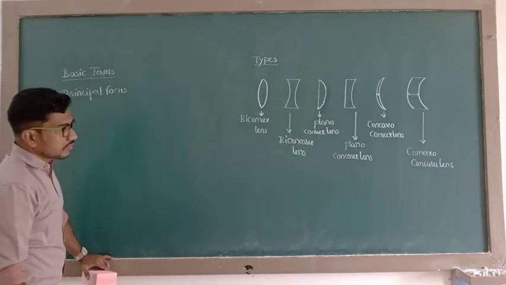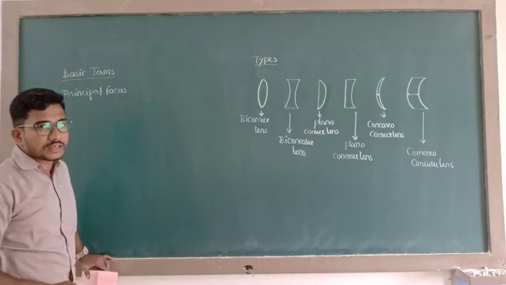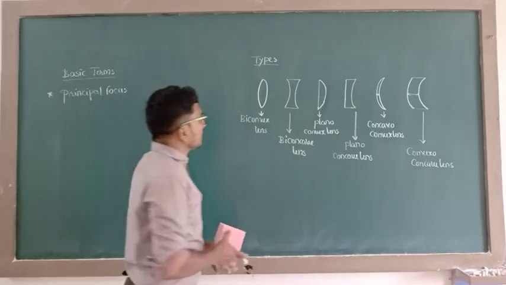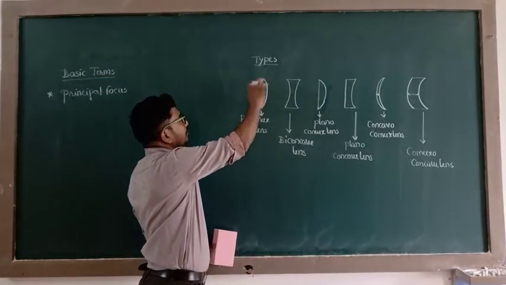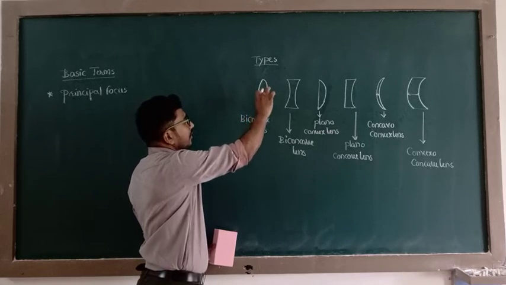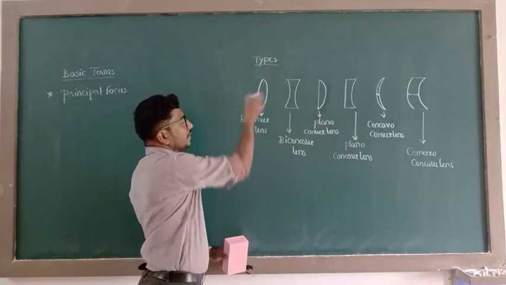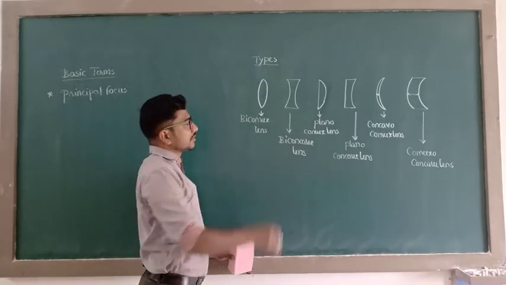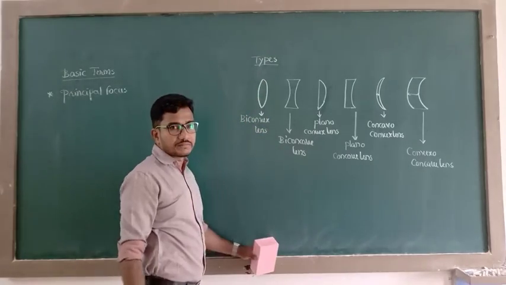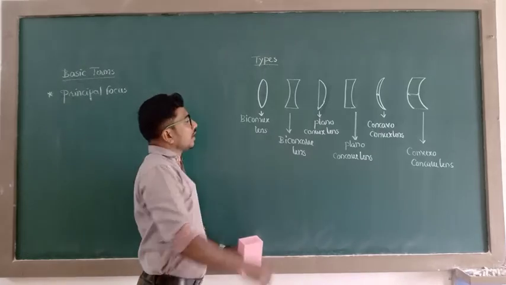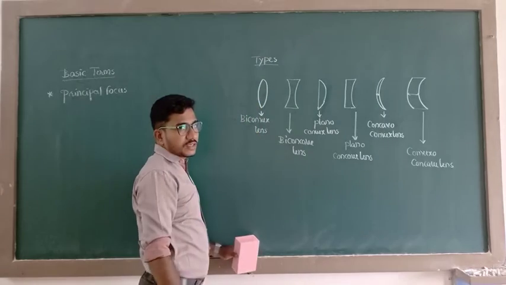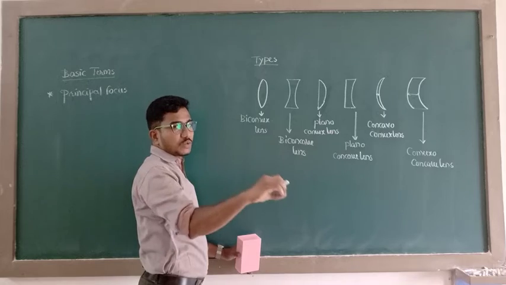So here, in case of a convex or concave lens, when a parallel light beam is made to pass through this convex lens, after refraction, because this one is an optical medium, it produces a convergent beam of light.